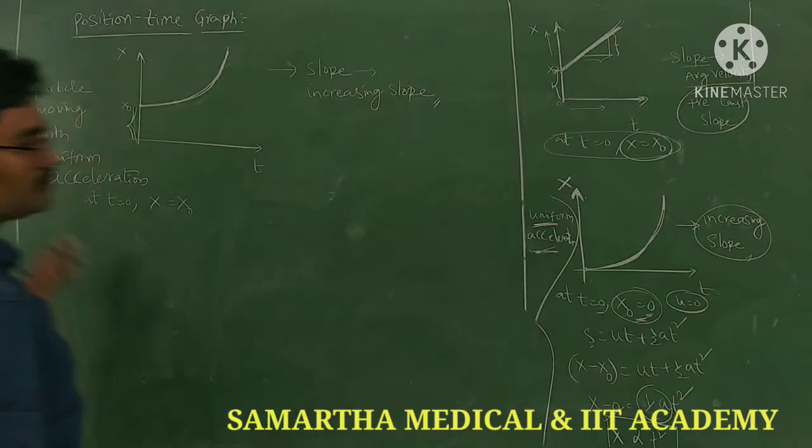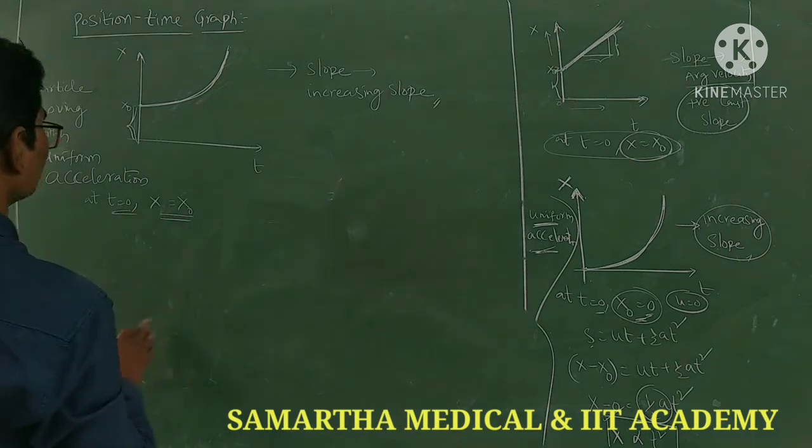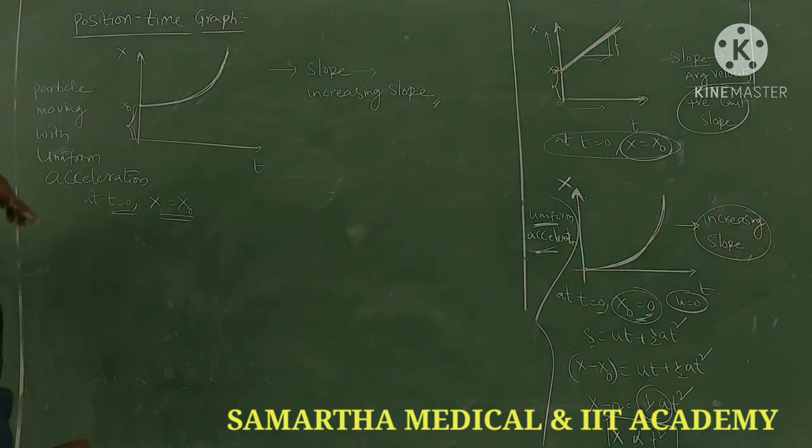So this is about the position-time graph when the particle at t equal to 0 starts from x naught. Next, you go to another one.